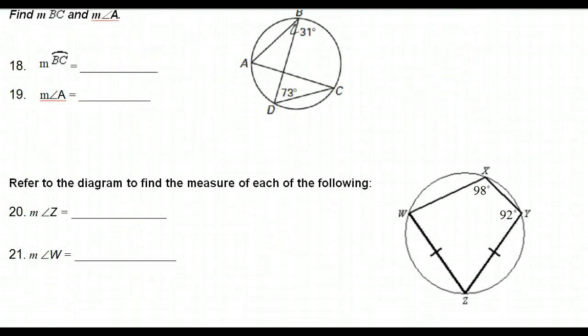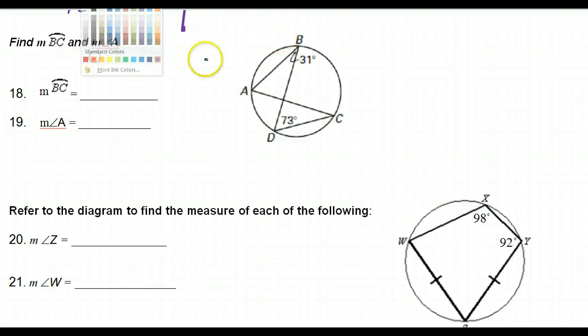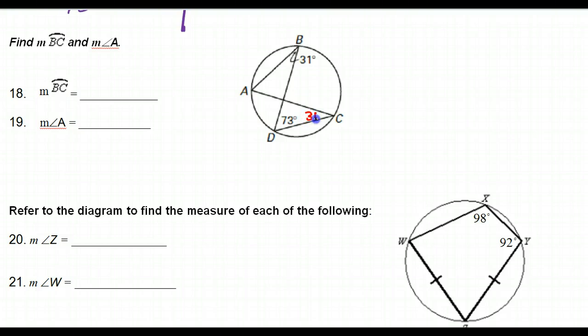Let's see, let's look at 18. Find the measure of arc BC. Okay, let's just play with this a little bit first. If this is 31 degrees, I know that this will be 31 degrees. When you have this bow like this, these angles that are on the same side of the bow are always going to be the same. So B and C will be the same, and A and D will be the same.